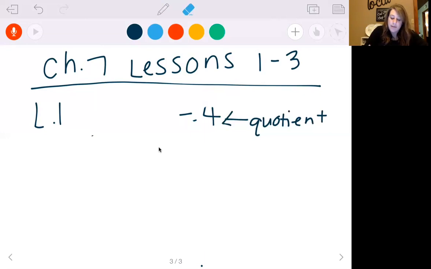So the missing factor is this number right here. That's what I want to figure out. So I would say, what times 6 equals 24? And I know my multiplication fact, so I know that 4 times 6 equals 24. Okay, so you can use multiplication to figure out division. That's how you do it.